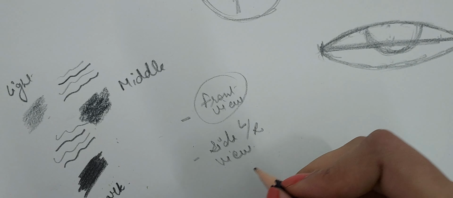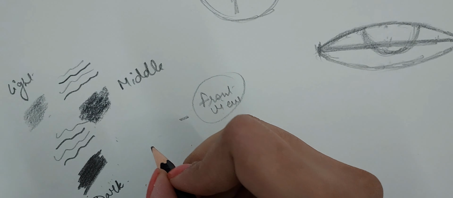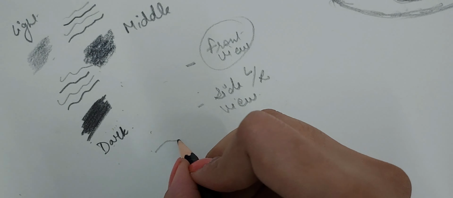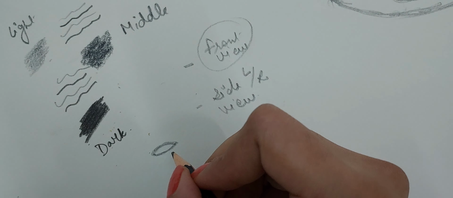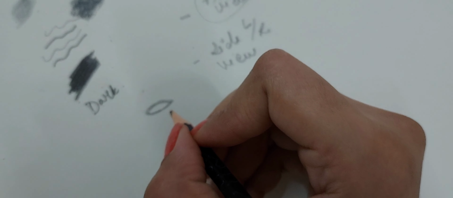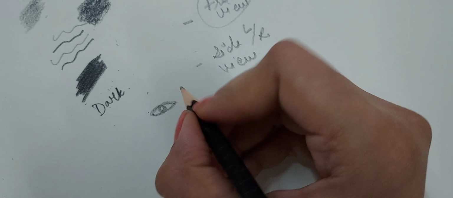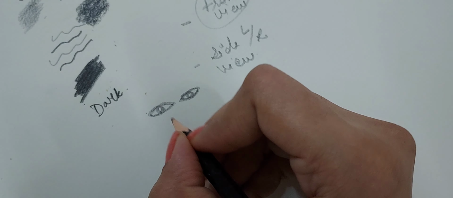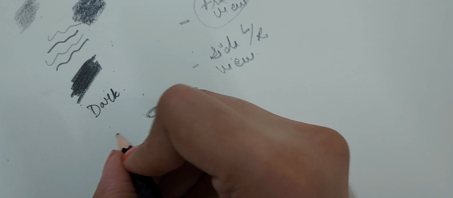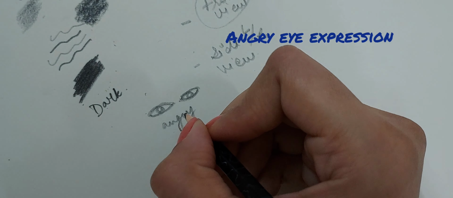When we see an eye, never draw the eyeball like this. This is our eye. This shows different emotions. Sometimes we draw the eyes like this. This means that a person is angry. Angry eyes.